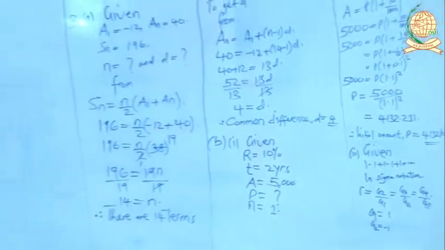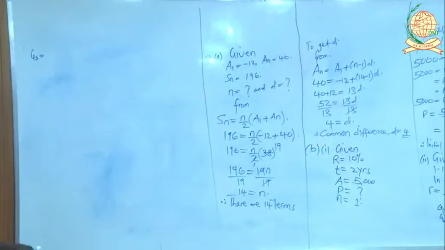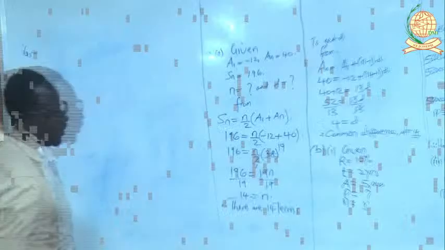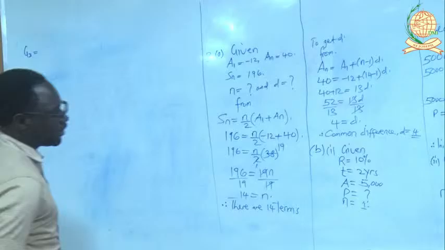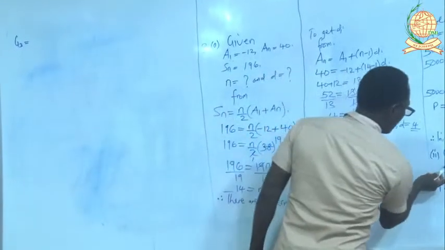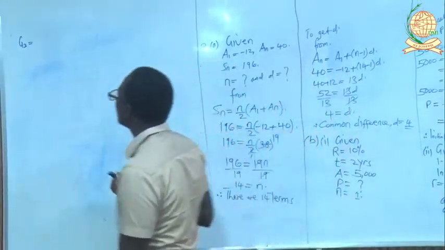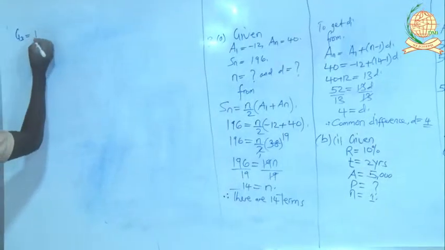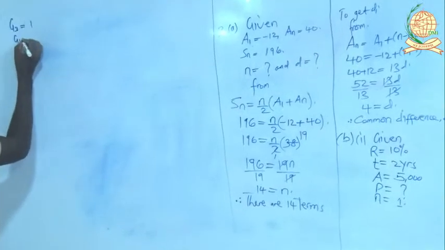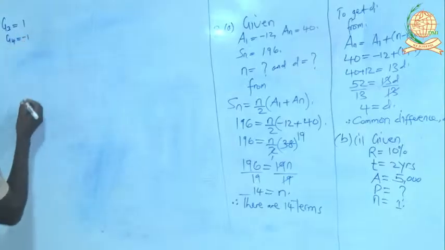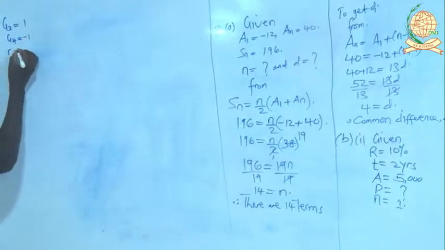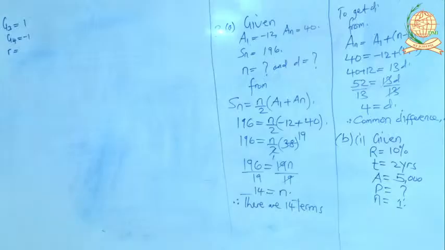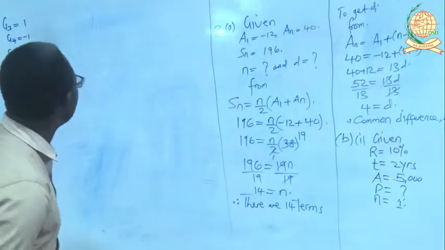G3, the third term, is positive 1, and G4 is negative 1. As I said, let's see if it is a geometric progression. If not, you will check for arithmetic progression.